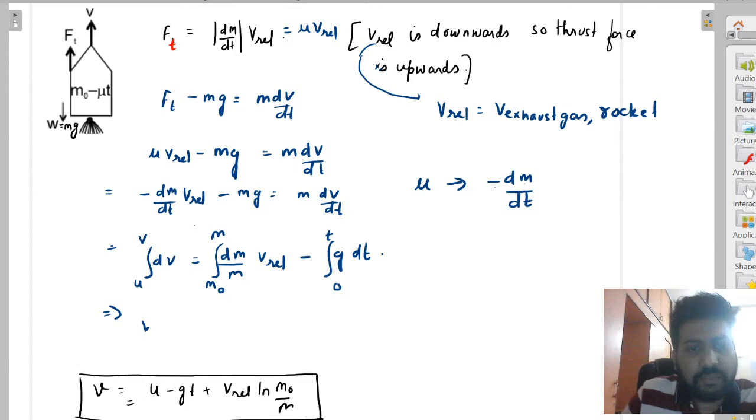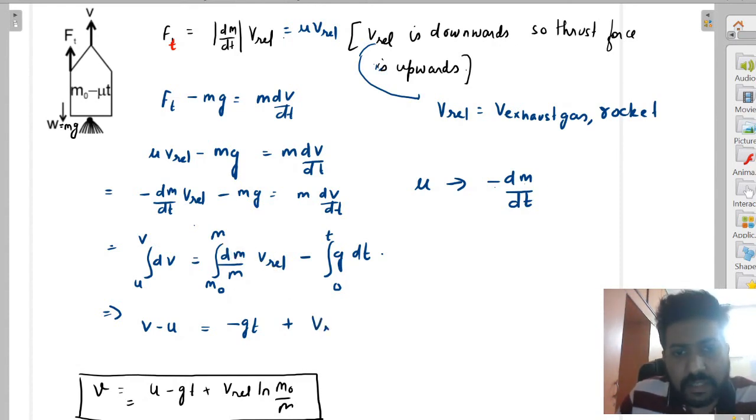So you will say v minus u is equal to minus gt, g is a constant, integration of dt is t, plus v relative is constant and integration of dm by m is ln m. So from here you will get v relative ln m naught by m.